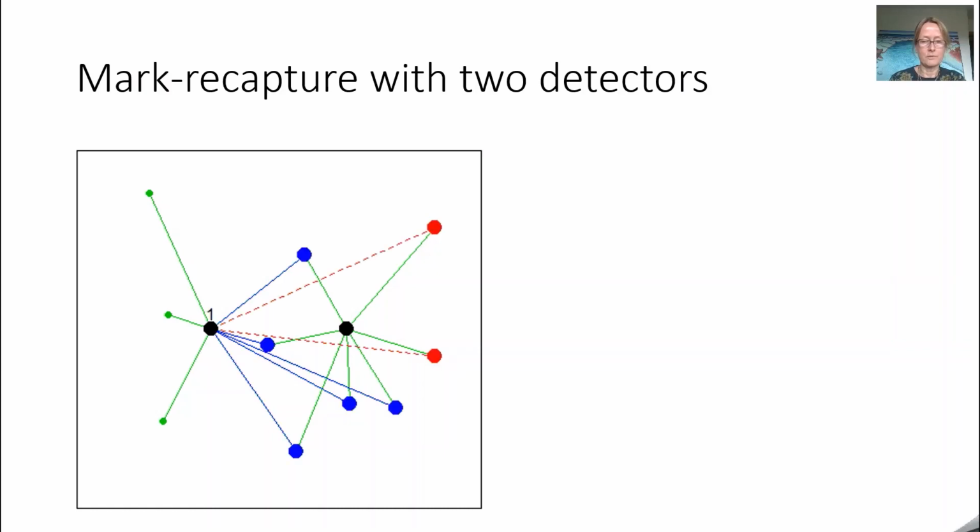First, we look at it from the perspective of detector 1. We focus on 2 types of detections. Those detected by detector 1 and by detector 2, which are shown in blue now, and those detected by detector 2 and not by detector 1, which are shown in red now. We don't worry about the green detections now.